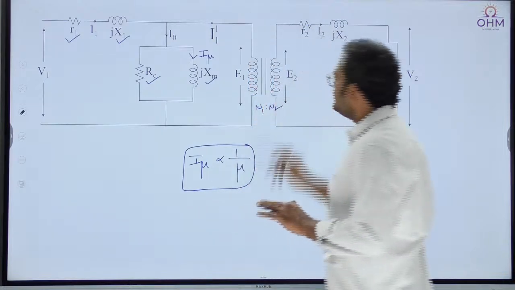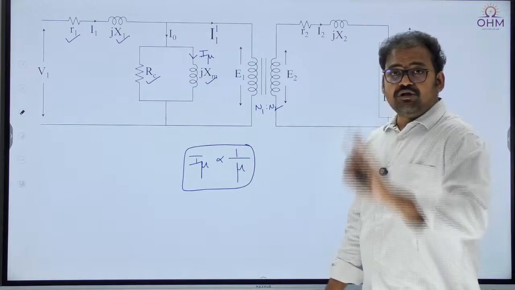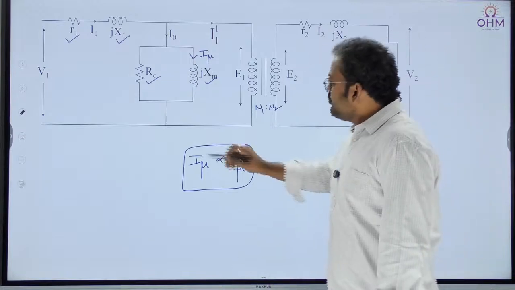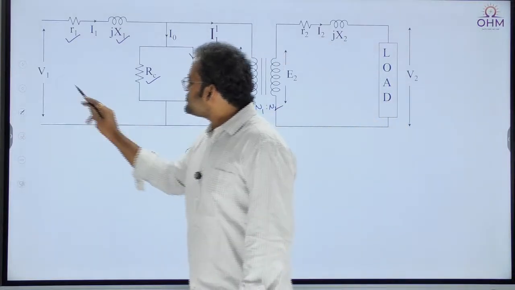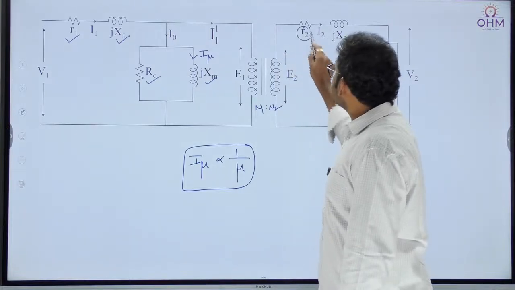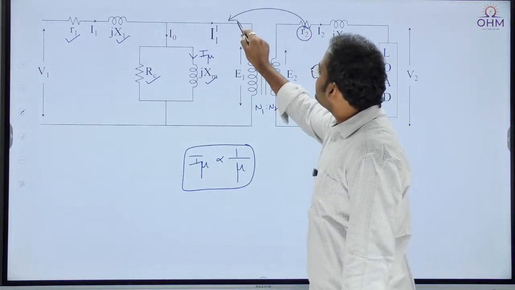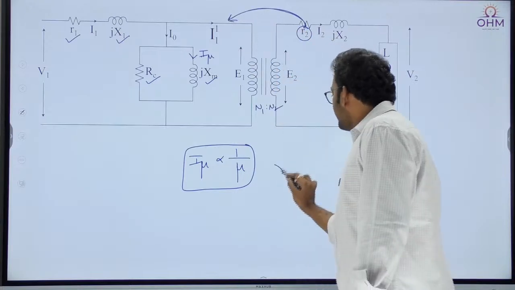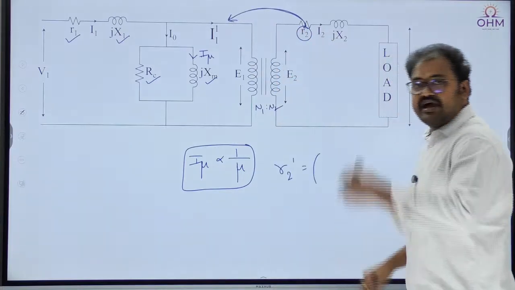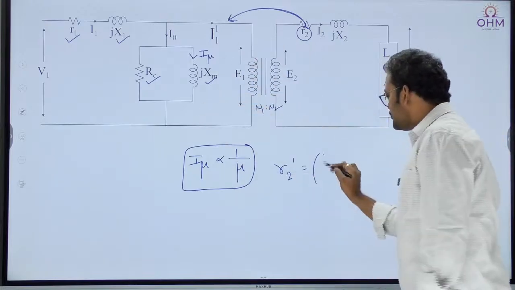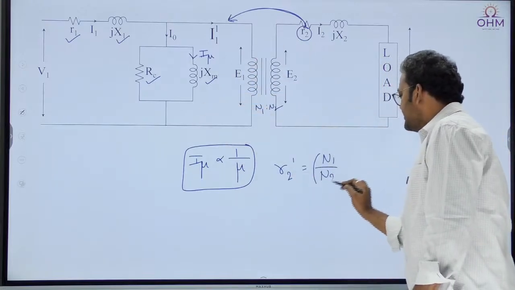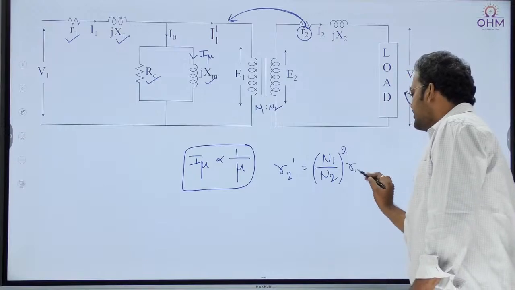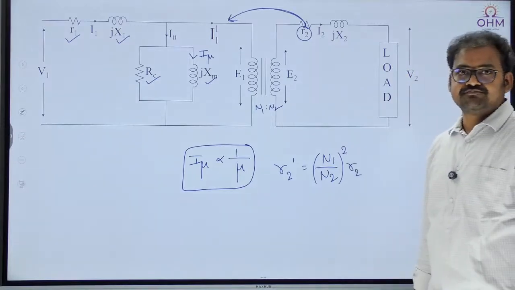Remember, the simple rule depends on which side you are transferring the parameters to. I am transferring this resistance to the primary side. As it is transferring to the primary side, R2 dash is equal to, going to primary, primary by secondary number of turns whole square into its original value R2.